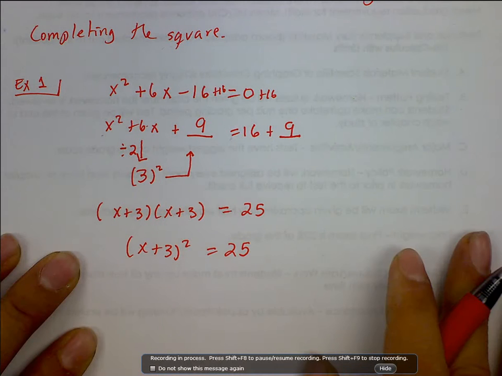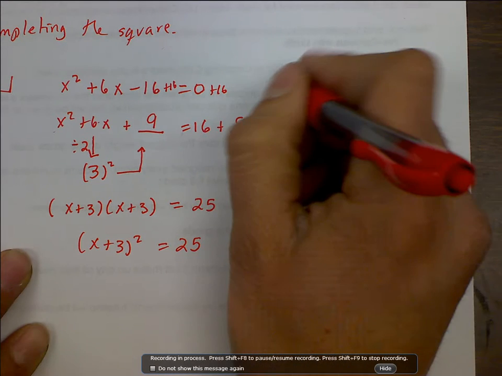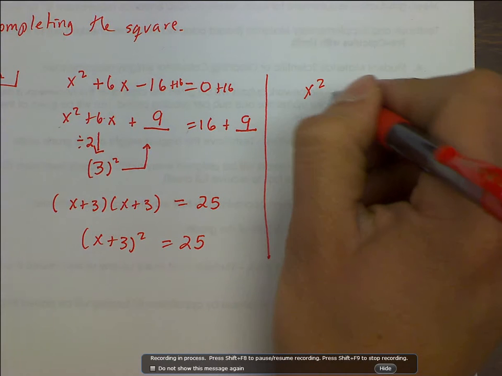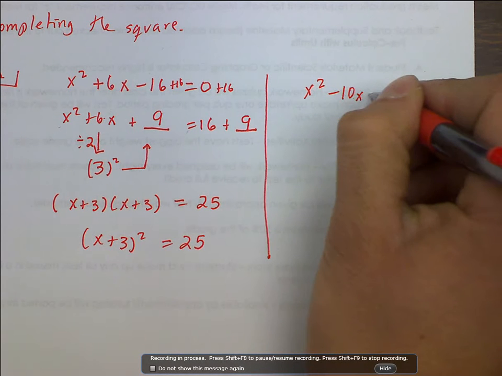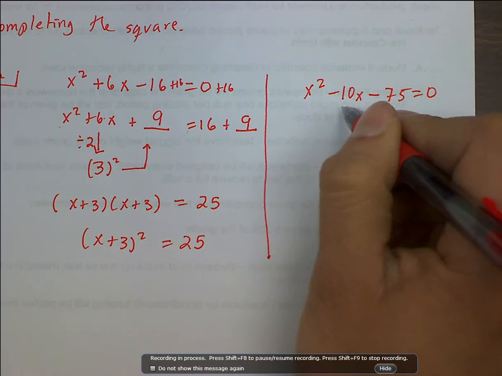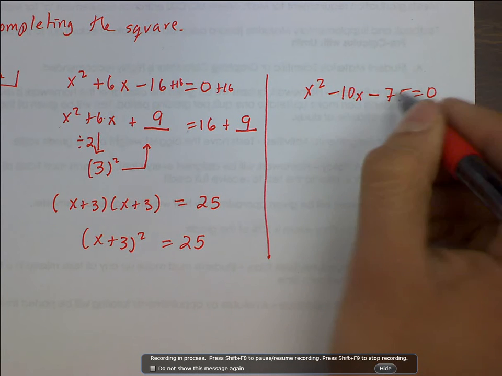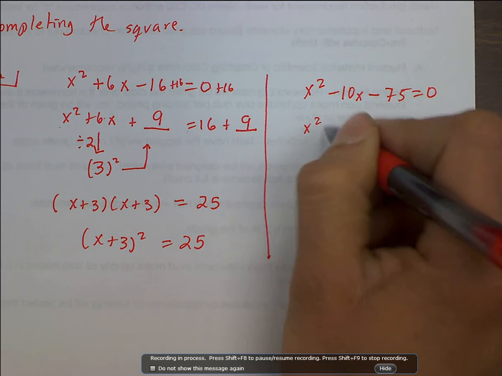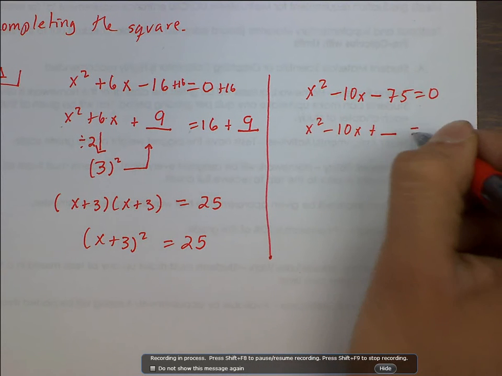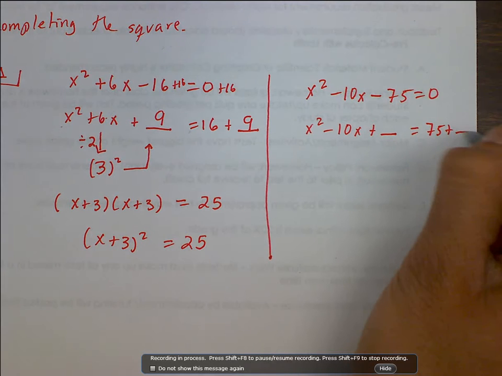Okay? Let's do another one. Let's say I have x squared minus 10x minus 75 equals 0. First thing, I'm going to add 75. So I have x squared minus 10x, and then remember, I'm going to add something else, and 75 plus that something else.